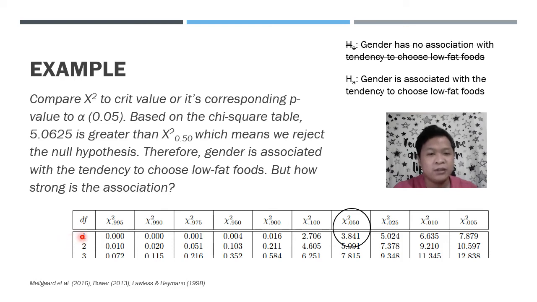Okay, so we get the tabular value, which is 3.841, and the calculated value is higher than this one. Therefore, we accept the alternative hypothesis. However, this test only tells us whether or not there is an association and not the strength of association.